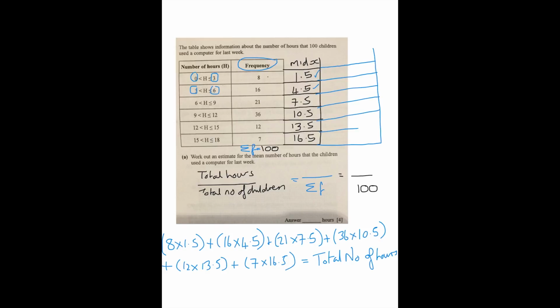So fx for row 1 will be 8 times the 1.5, this part here. 8 times 1.5 is 12.